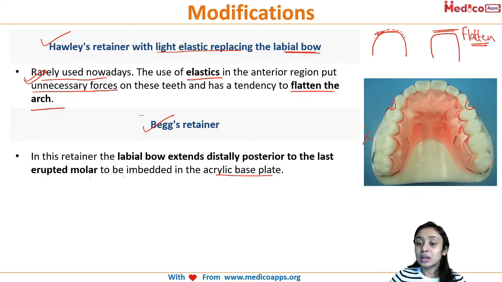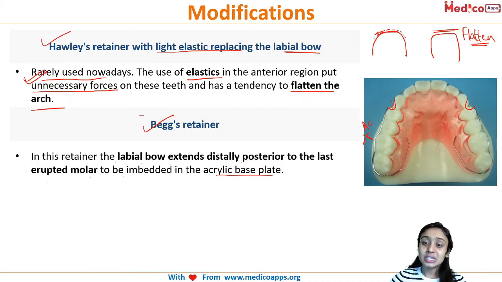Here you see there are no Adam's clasps. So the retention is basically provided by the acrylic plate itself. That is, these particular projections in your acrylic plate produce a good retention. So this is your Begg's retainer.